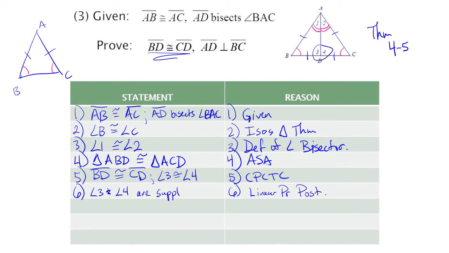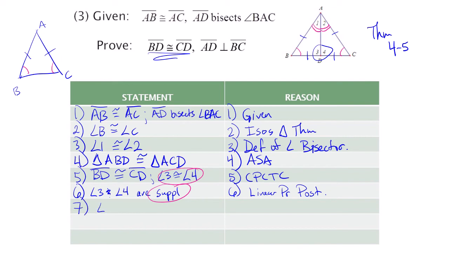And if two angles are congruent and supplementary, then they must be right angles, right? That's theorem 2-5 in the book: if two angles are congruent and supplementary, they must be right angles.